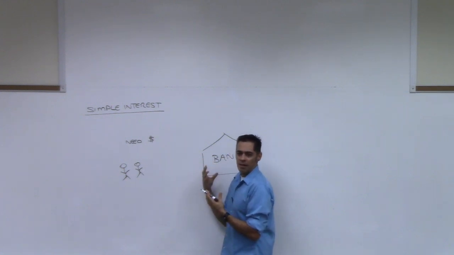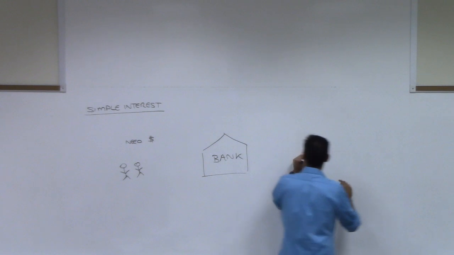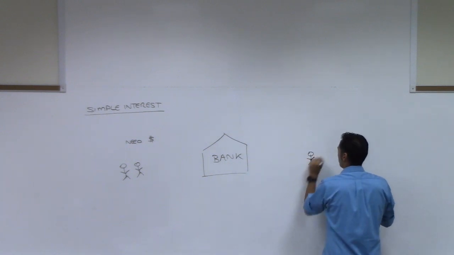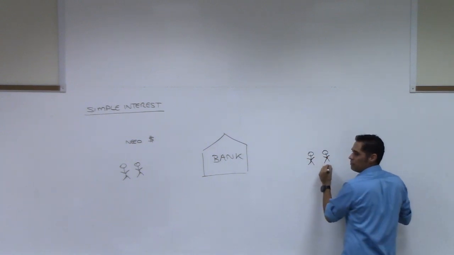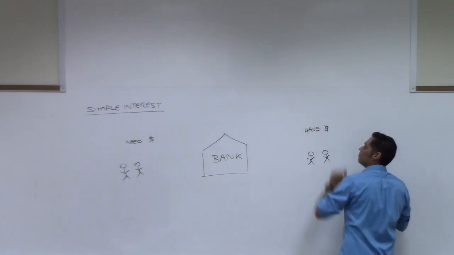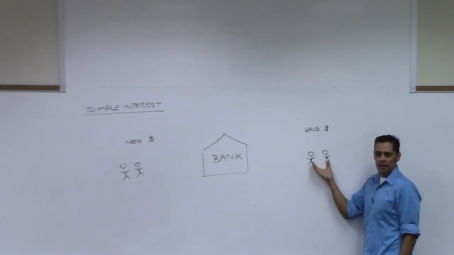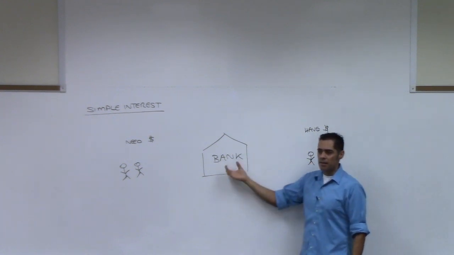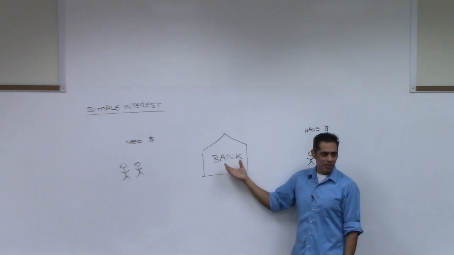Where do they get the money? Oh, these people. These people have money, right? And where do they put their money when they get paid? In the bank, right? Okay, so they put that money in the bank. Now that money is not actually in the bank.